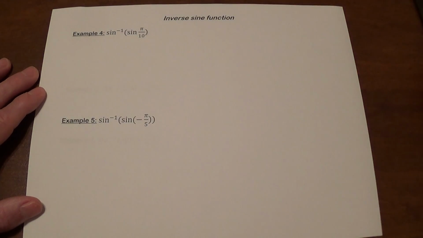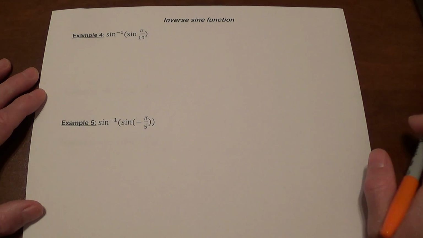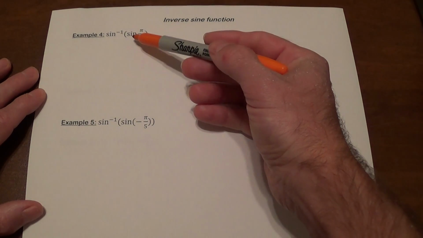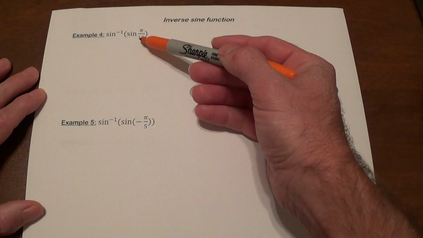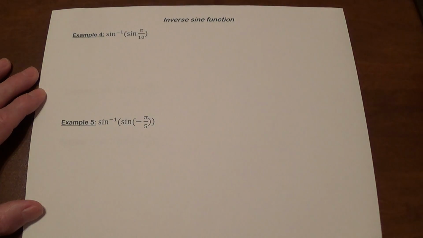Some of the problems that you're going to have is where you have an inverse sine of a sine of a particular angle, and you want to find out what the value is. So basically what we have here, we take sine of pi over 10, get a value, and then plug this value into the inverse sine and try to figure out what that is.